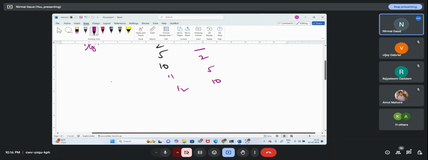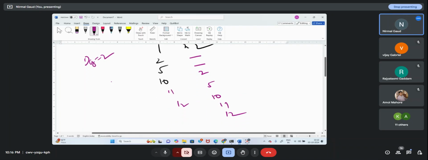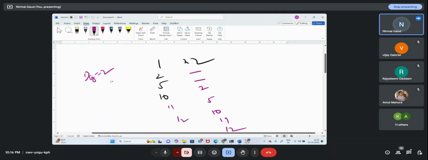So this will be 11, 12. I gave a lag of 2. For x1, I gave a lag of 2 and created a new feature with the lag. We do perform this thing.